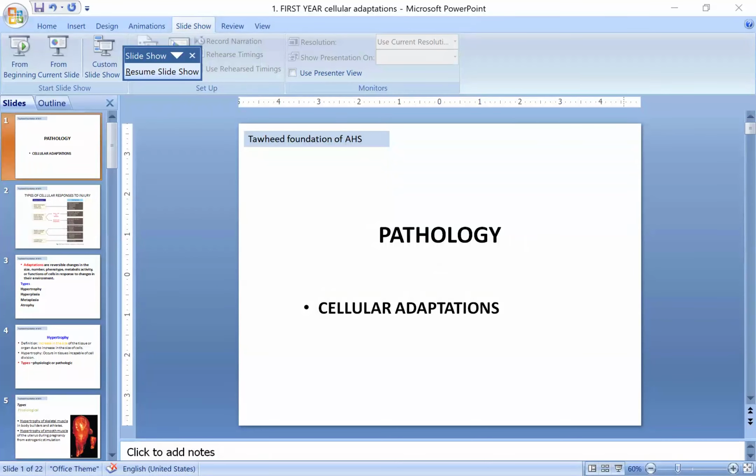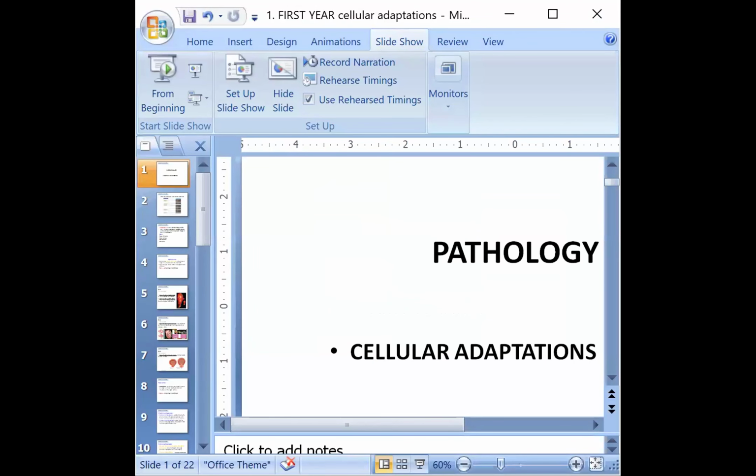Madam, actually, you have to make slideshow. Resume to slideshow on top, some option is there, no? You just click on that. I have audio, video, participants, chat, share, pause, layout on top. Slideshow, some option is there, no? On top of that system, you will get a few options. See, hide slide.